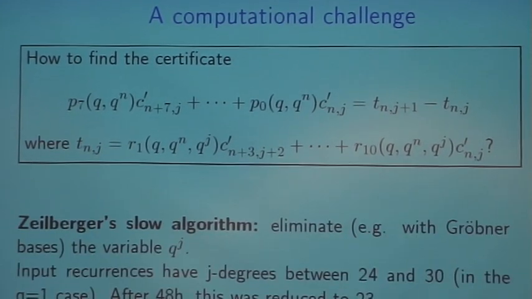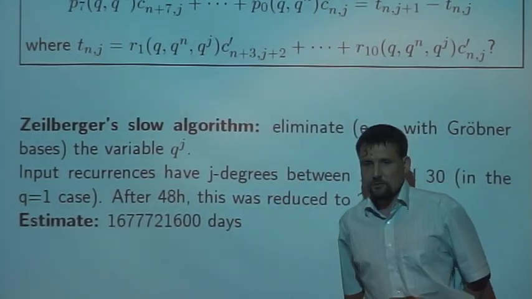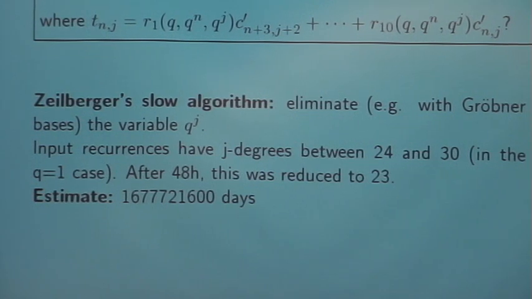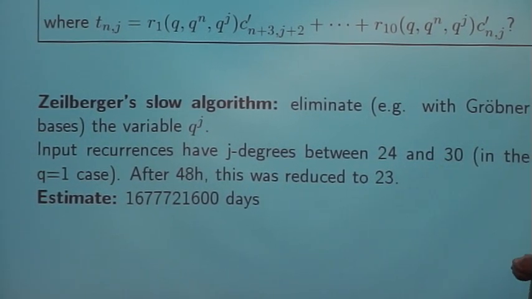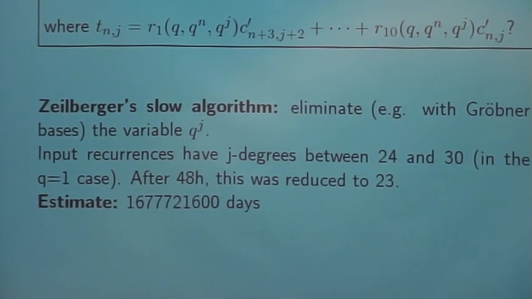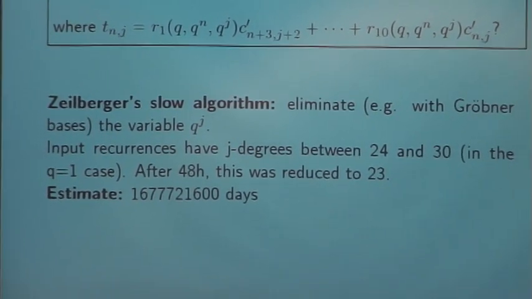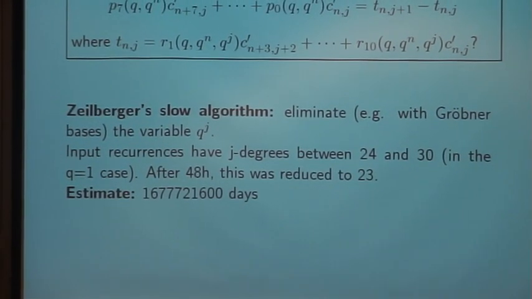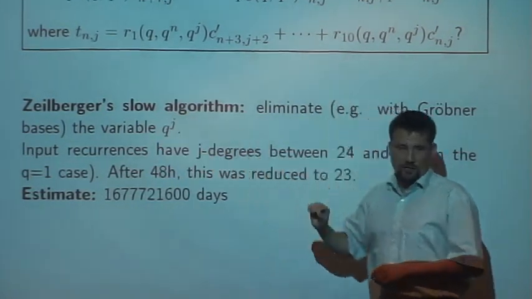So the first thing I tried is called Zeilberger's slow algorithm, and it's called slow for some reason. I think it was you who introduced this notion, so it's not me, of course, it's you. This consists in brute force eliminating this variable q to the j.